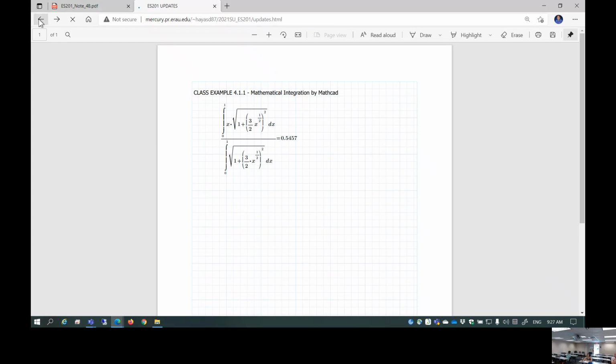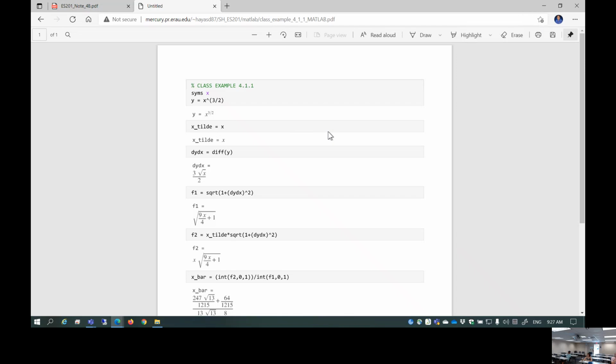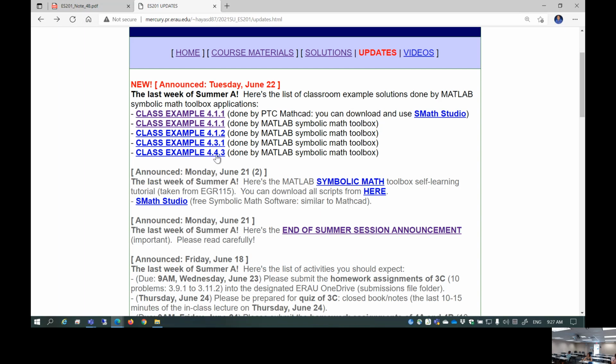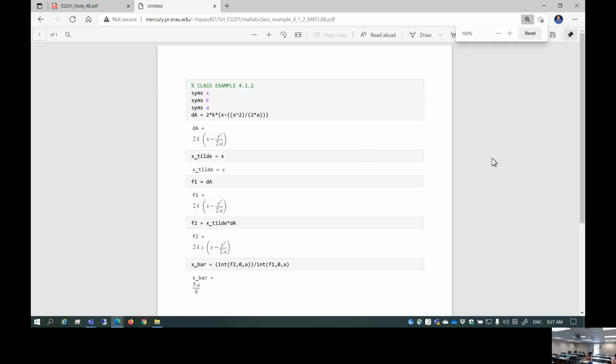Or this is example 411 done by Symbolic Math Toolbox with Live Editor. And then this is class example 412 also, done by MATLAB Live Editor Symbolic Math Toolbox. This problem you can actually do by hand if you want to, but this is an example of a solution done by a software.